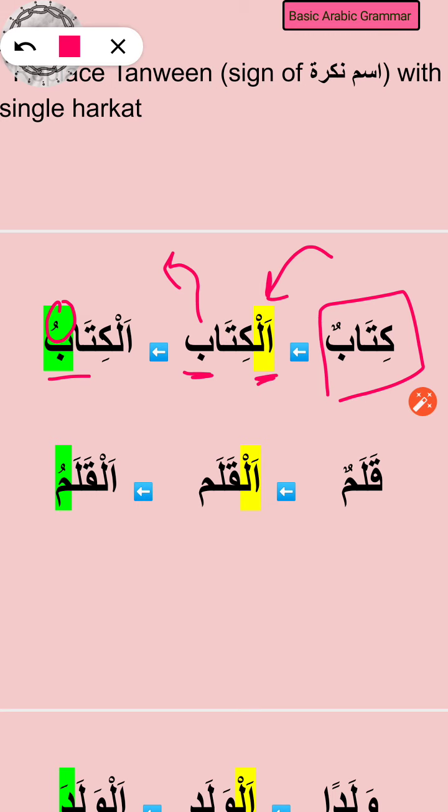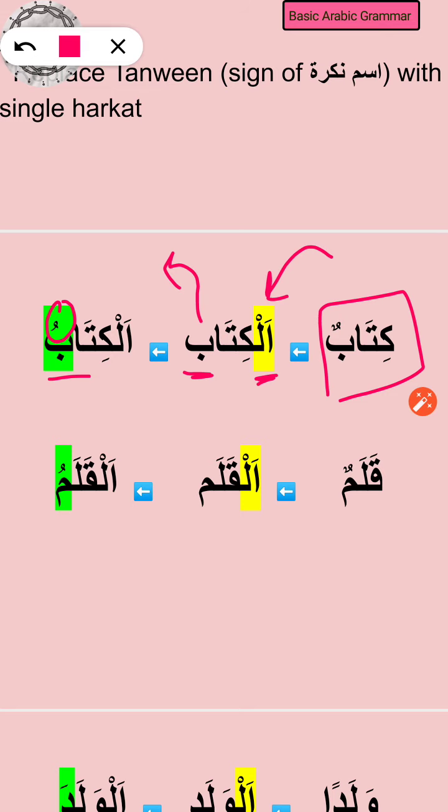Okay, so kitabun, this is rafa. So if you were to just take one harakat out of this tanween, this double harakat, just drop one, you're going to be left with just one harakat over here.